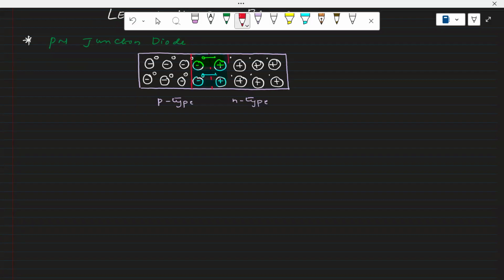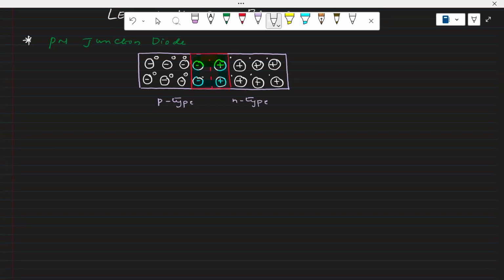Till this point, you can see there are no free carriers. Observe carefully, there are no free carriers available because they combined with each other. Therefore, this is the place that we can observe at the middle. There are no carriers for this particular ion, right?